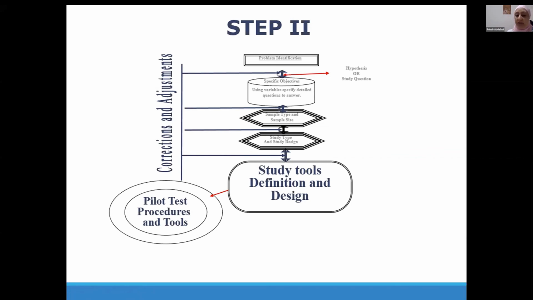The pilot test is just there for adjustments to the design, the objectives, the sampling technique, the tools, and you cannot use the results from the pilot testing in the results of your final study. You cannot report them.